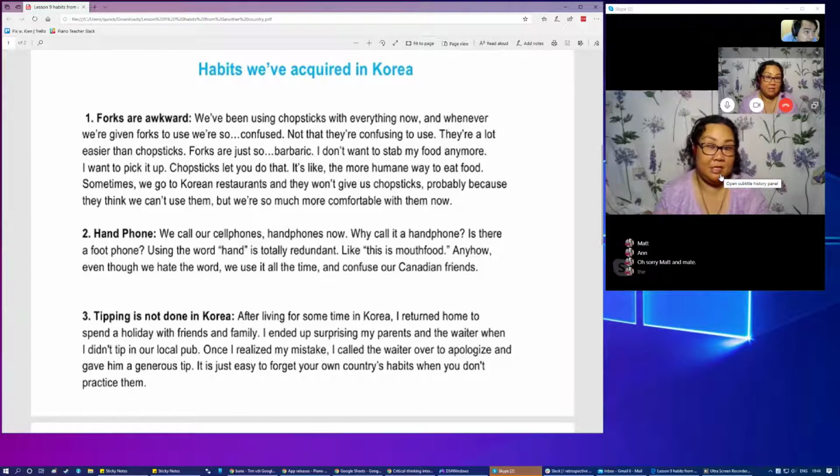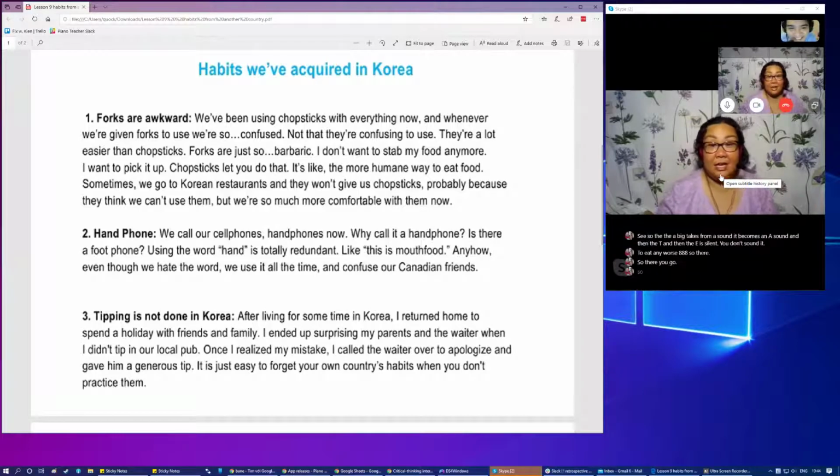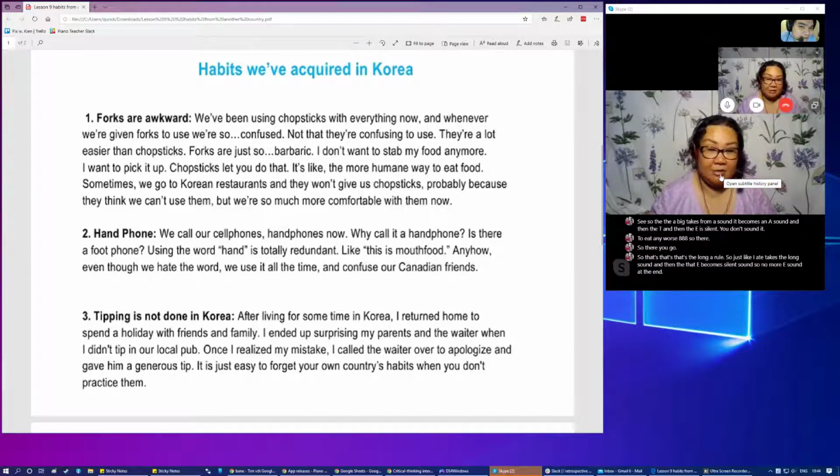You don't sound the E anymore. Eight, eight. So there you go. That's the long A rule. Just like I, A takes the long sound, and then that E becomes silent. So no more E sound at the end. It's just a long A sound in the middle.